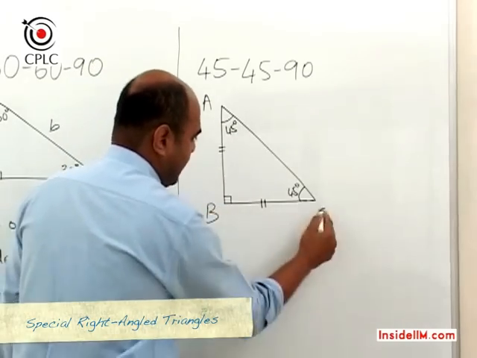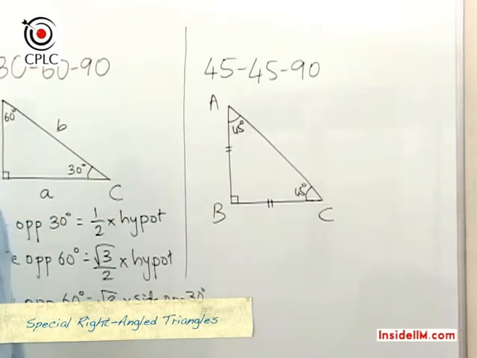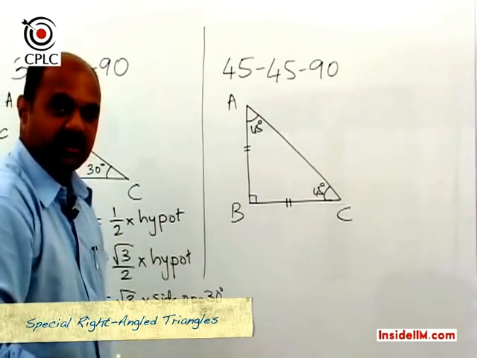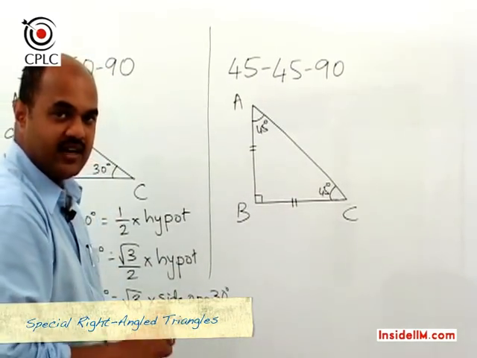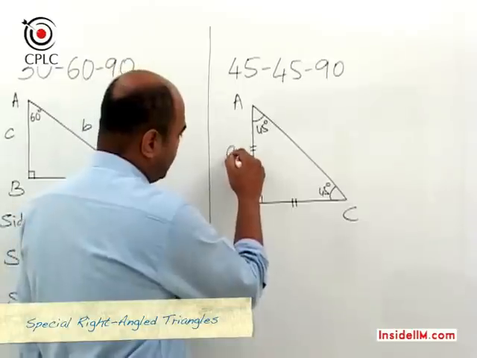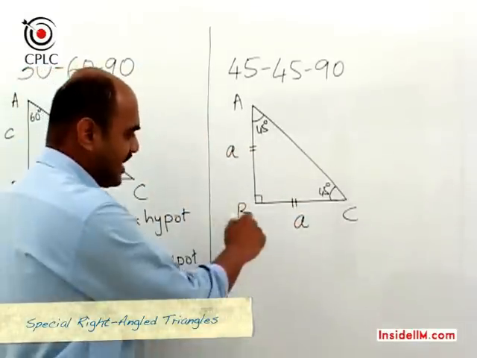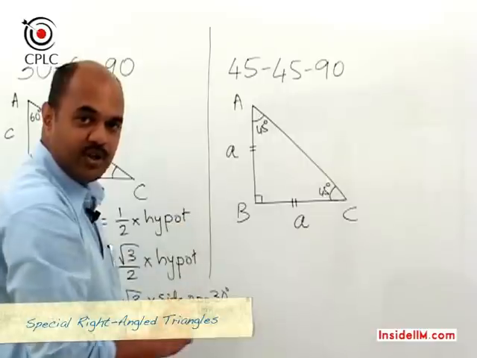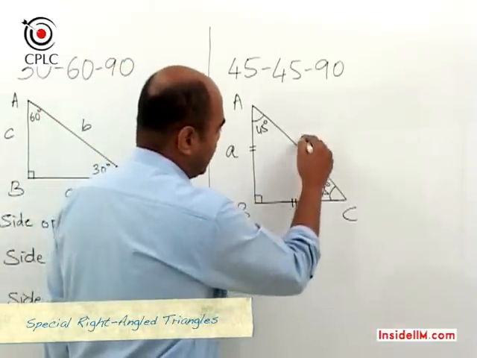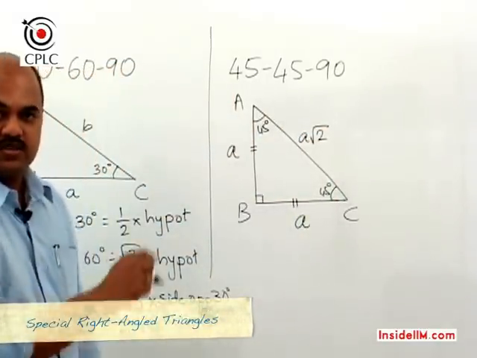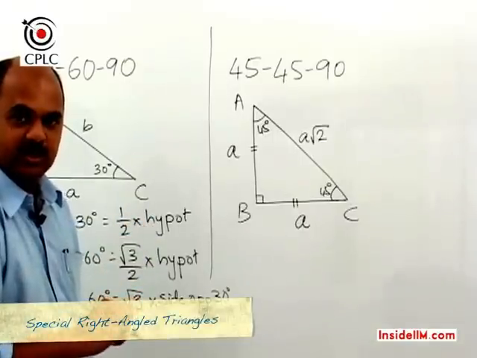So this triangle ABC, where angle B is 90 and A and C are 45 each, would also be referred to as an isosceles right angle triangle. Now if these two equal sides are referred to as A, then the hypotenuse of an isosceles right angle triangle would always be √2 times the length of the equal sides.